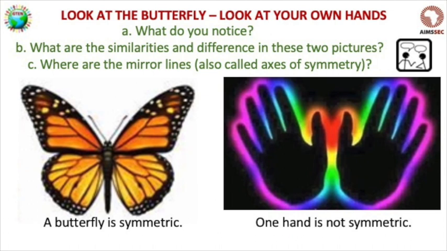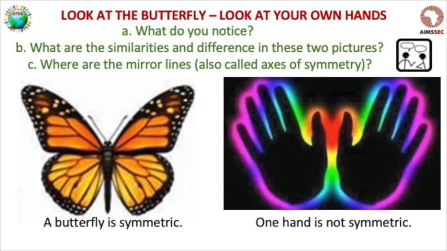Okay, so let's have a look at this slide. We have a butterfly and a pair of hands. So what do we notice? What are the similarities and the differences in the two pictures? As I'm looking at it, I can see that one of the similarities is that the butterfly and the pair of hands has got a line of symmetry straight down the middle.